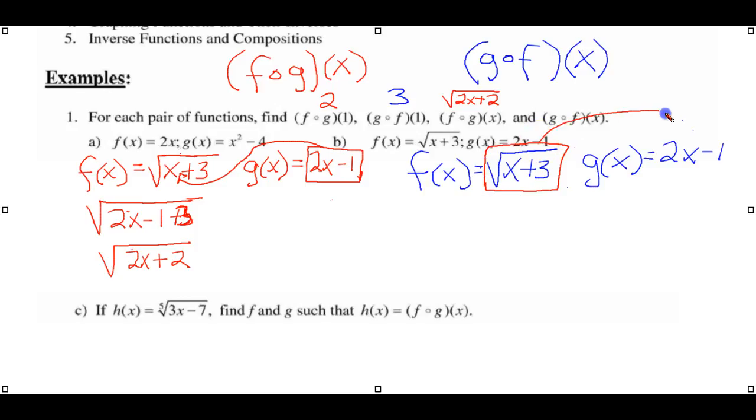We're going to bring this over to the other function, G, and we're going to substitute 2 the square root of x plus 3 minus 1. And that's all that it is. 2 the square root of x plus 3 minus 1. And you have to be careful when you're writing the radical sign, you don't extend it over to the negative 1.